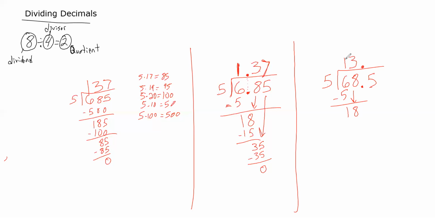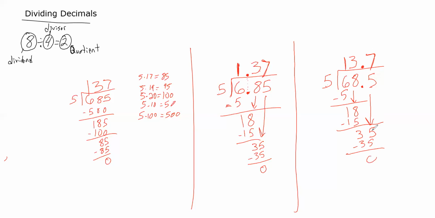Again, you need to keep it lined up with where you're working. 3 times 5 is 15. So subtract 15. I end up with 3, and I bring my 5 down, making this 35. 5 goes into 35 7 times, and remember, I'm going to put it on this side of the decimal now. 7 times 5 is 35.